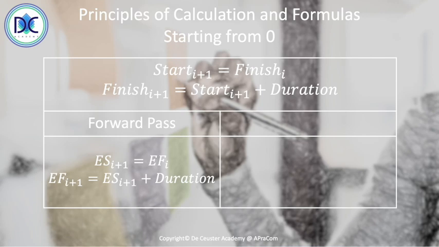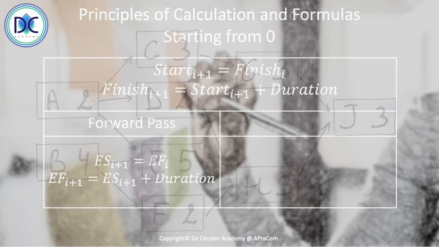You know that the start for the successor activity is equal to the finish of the predecessor, and the finish time of the activity is equal to its start time plus the duration. So for the forward pass, this translates in the early start of the successor is equal to the early finish of the predecessor. And we say the early finish of I plus 1, so the successor activity or the activity I'm considering, is equal to its early start plus the duration.